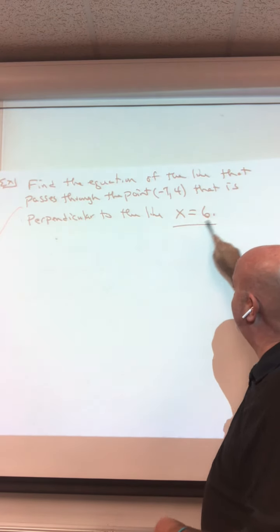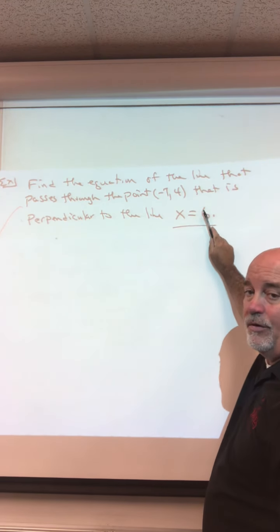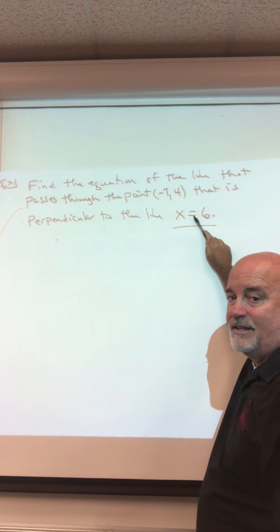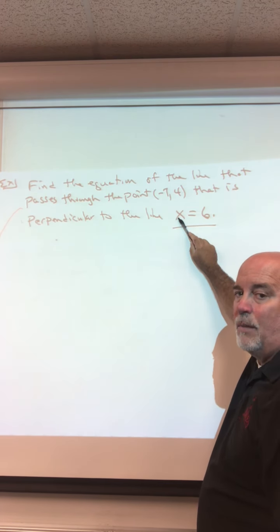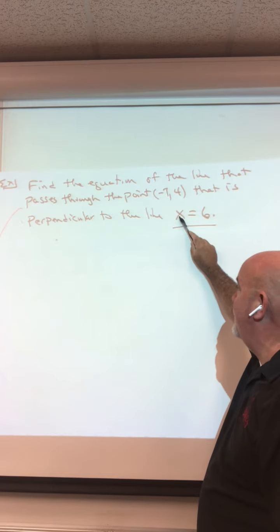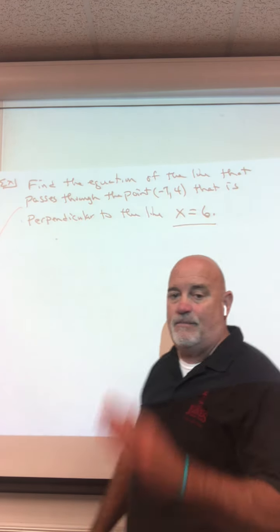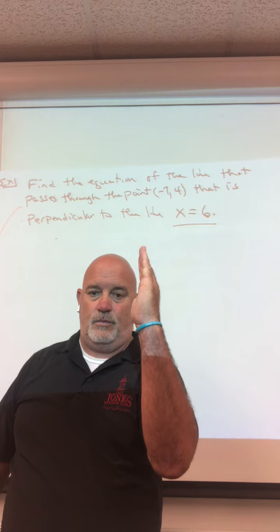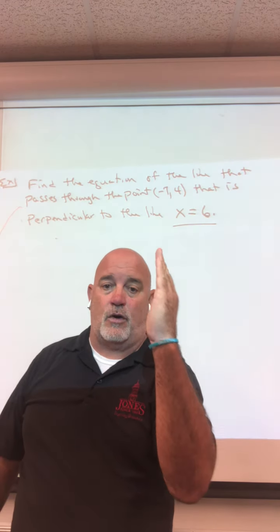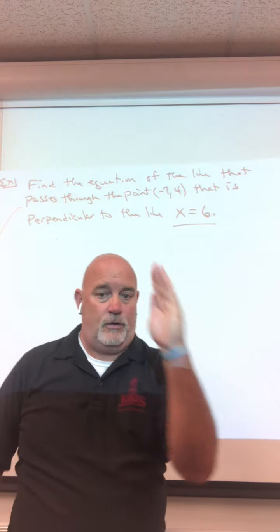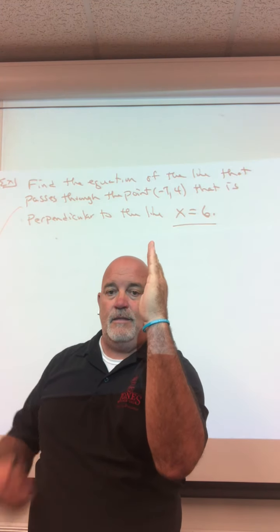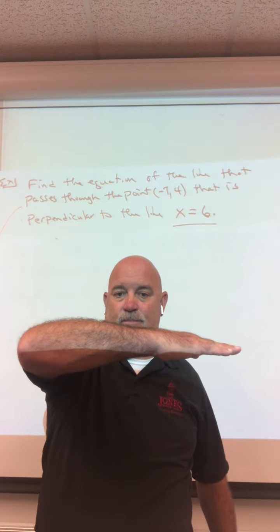Now, look at this. X equals 6. Just an x. If it has just an x in it, what does that tell you about the graph of that line? If it's just an x, it's vertical. Okay, if it's vertical and my line is perpendicular to the vertical line, then my line would be what?